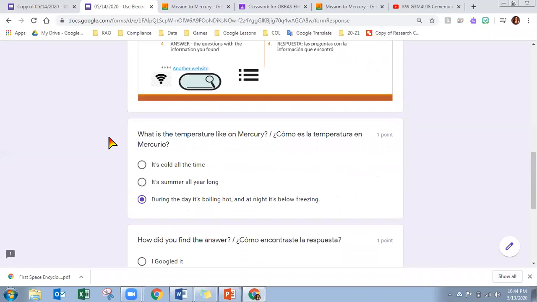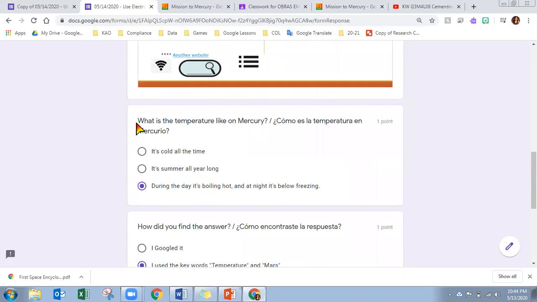If you don't know what the question is asking, it says, what is the temperature like on Mercury? Well, if I look at the words here, it's cold all the time. It's summer. During the day, it's boiling hot, and at night, it's below freezing. If I wanted to look for more keywords, I could use all of these answers.